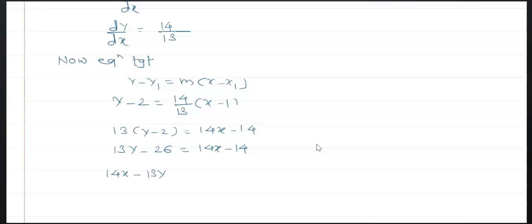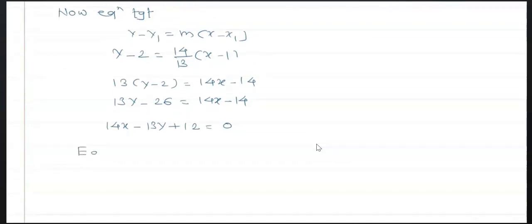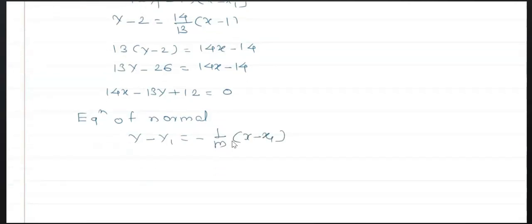Therefore, 14x minus 13y plus 12 is equal to 0. This is the equation of the tangent.